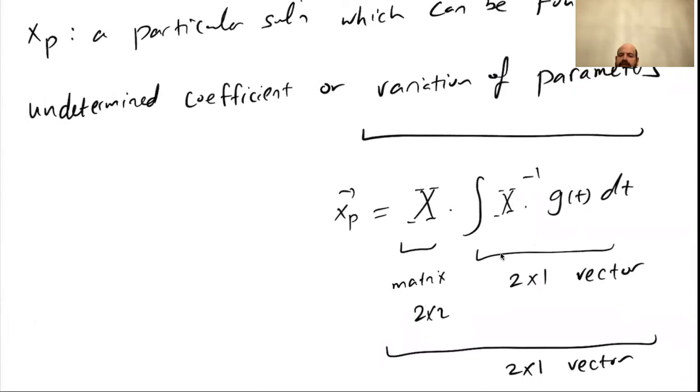Each component is a function of t. Integrate each component separately, and then you will again have a vector. If you multiply this matrix by this vector, again you will get a vector, and that will be your particular solution.